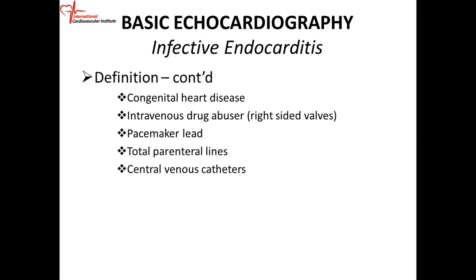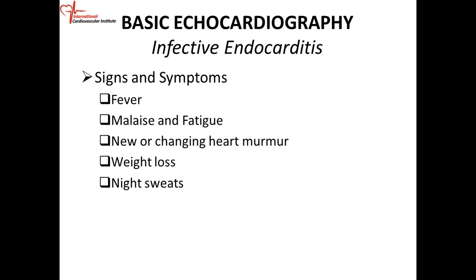And the infection usually involves the right-sided heart valves, tricuspid, pulmonic, but it can involve the left-sided heart valves as well. Pacemaker leads, foreign material in the heart, can become infected. And similarly, parenteral lines, if you have any intravenous line that sits in the heart, and central venous catheters, those can become infected.